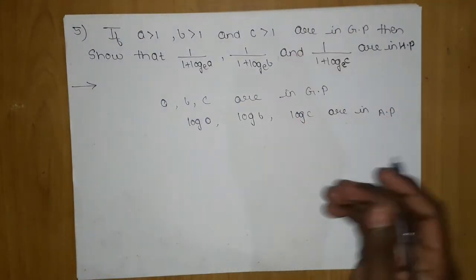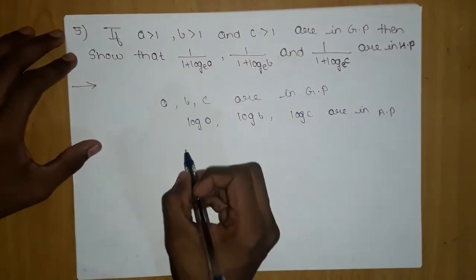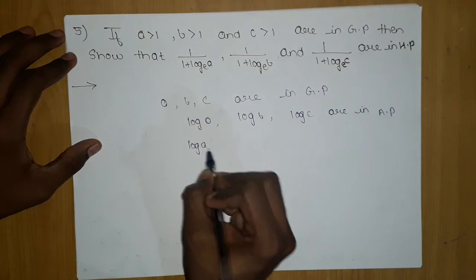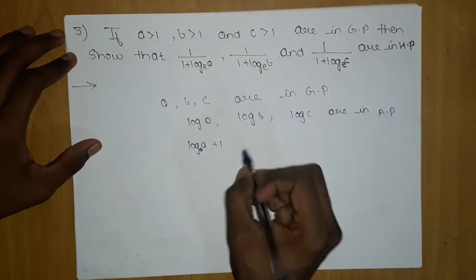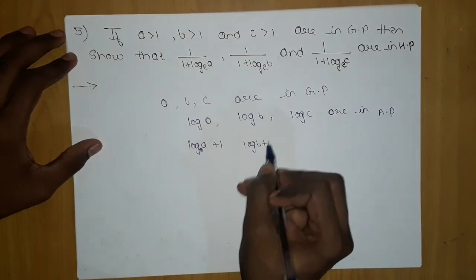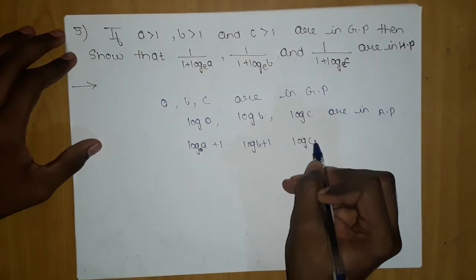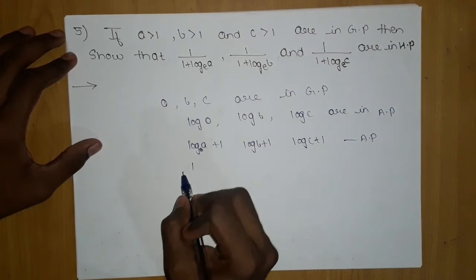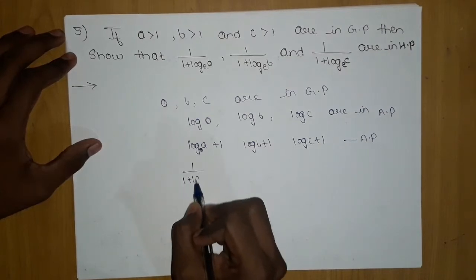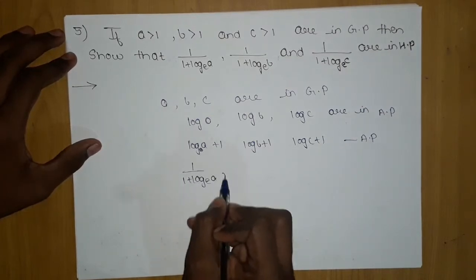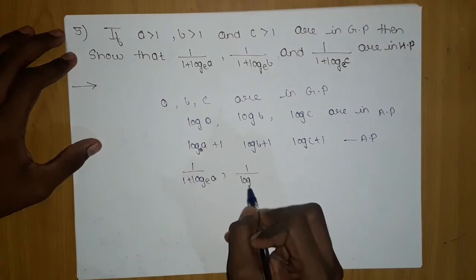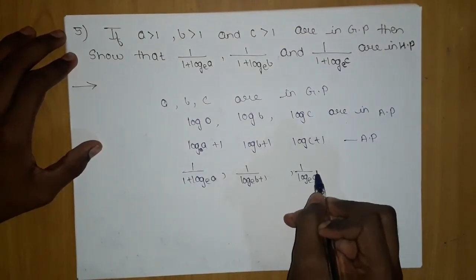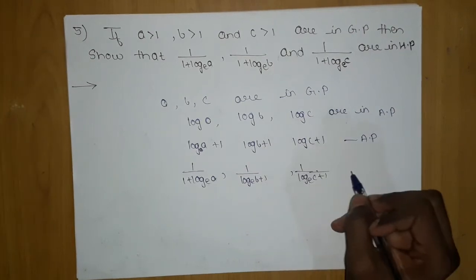So since this is in AP, I can add 1 to all of them. If I add 1, same base e, 1 plus log b, 1 plus log c. Is this still in AP? Now I can invert, then it will become HP: 1 upon 1 plus log e a, 1 upon 1 plus log e b, 1 upon 1 plus log e c. So it is in HP.